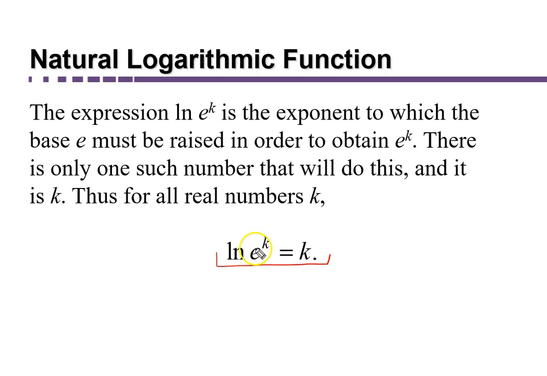Now, what is the base of natural logs? Well, the base of natural log is e that they don't write here. So with these two e's, whenever you see this exponent up here, that becomes your answer. So this configuration is going to equal k. And I'll show you this in a little while.